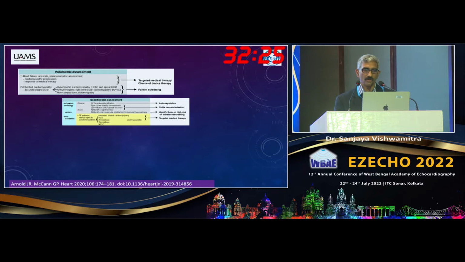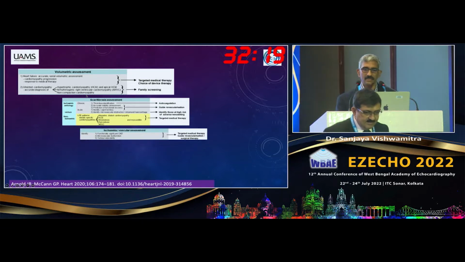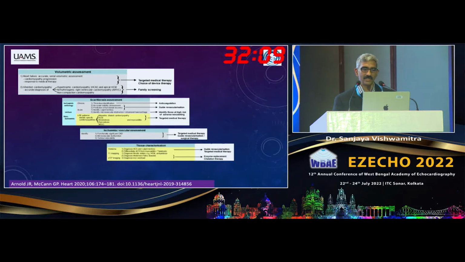Also, you can use it to evaluate for cardiomyopathies. The third thing is ischemia and vascular assessment, and I'm going to go through each one of these shortly. And finally, we have interesting things that we can do with tissue characterization and valvular flow assessment as well.